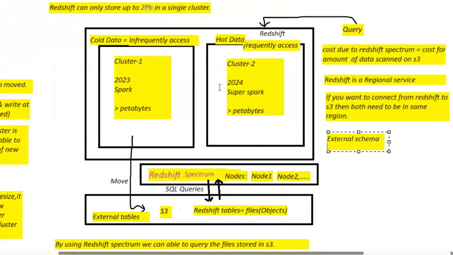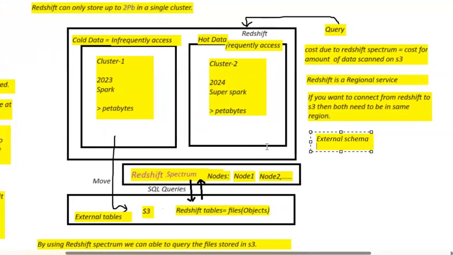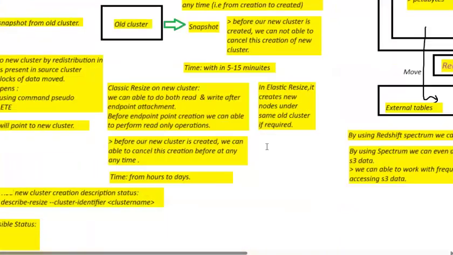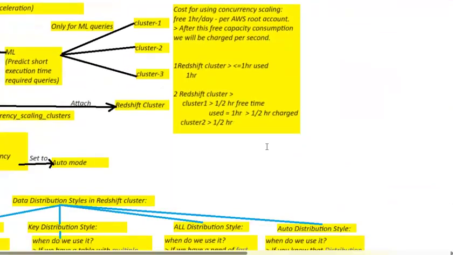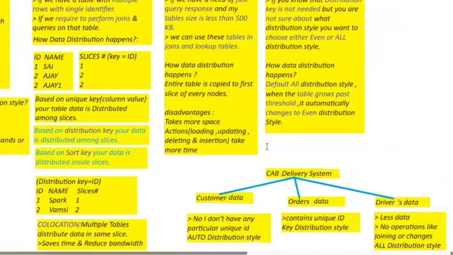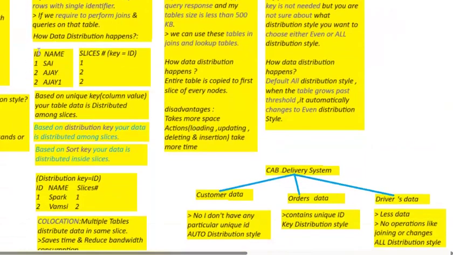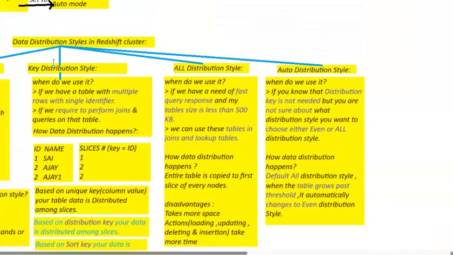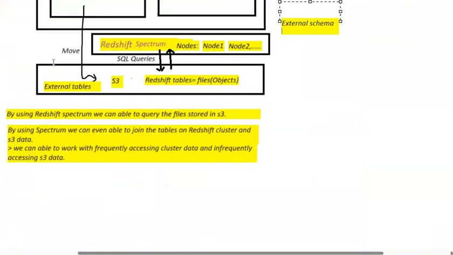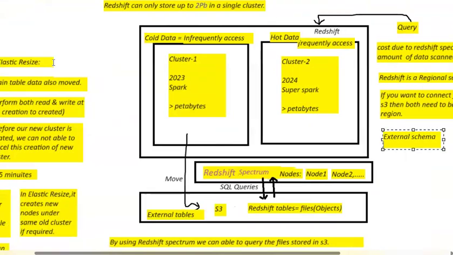So what is the schema? Schema is nothing but your headings. If you take an example of this table, the schema will be ID and name. ID holds integer type values and name holds string type values, that is nothing but varchar. So that is the schema.